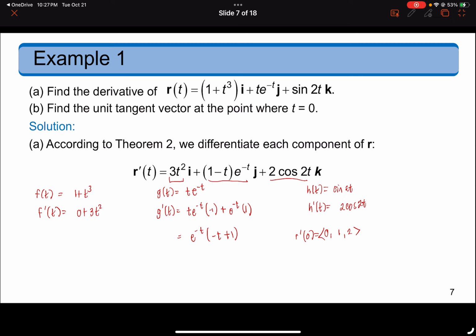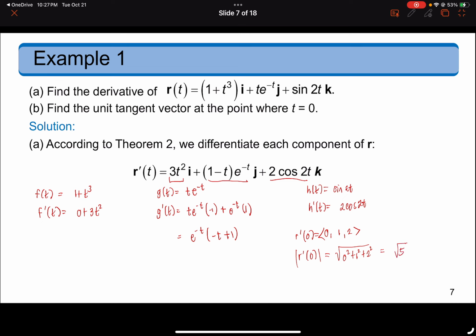So we find the magnitude of this, which would be the square root of 0 squared plus 1 squared plus 2 squared, the square root of 5.